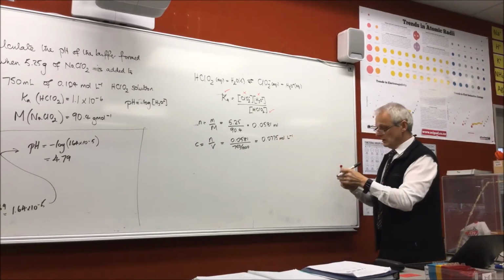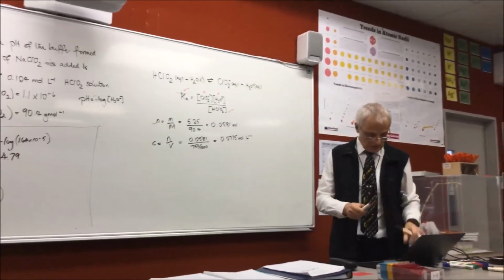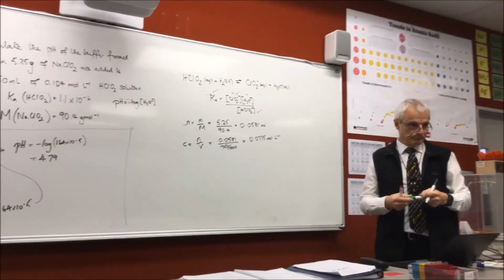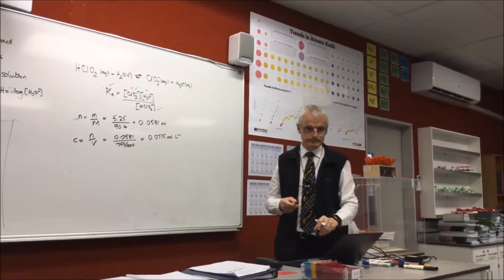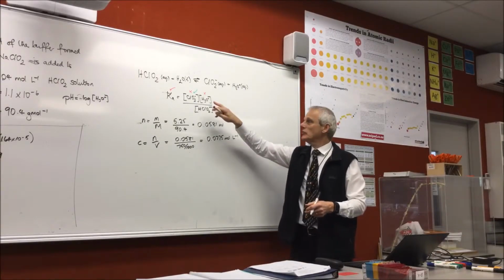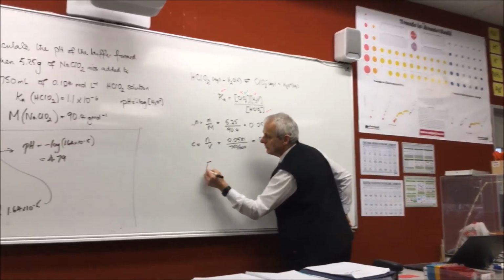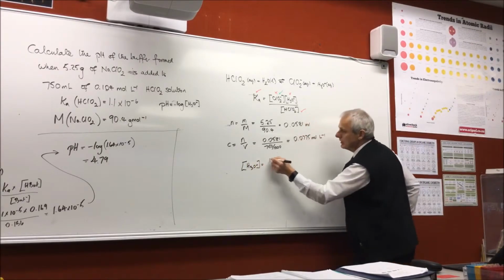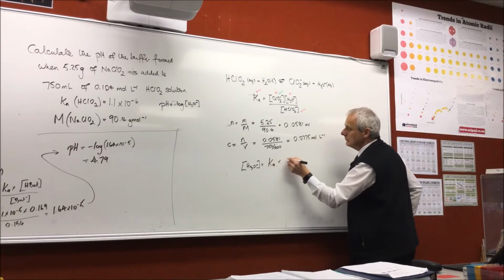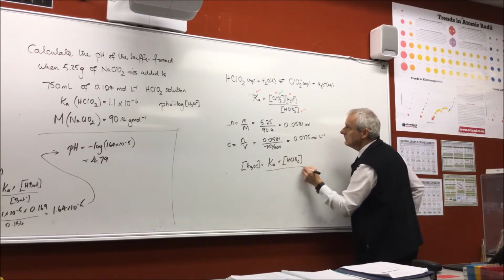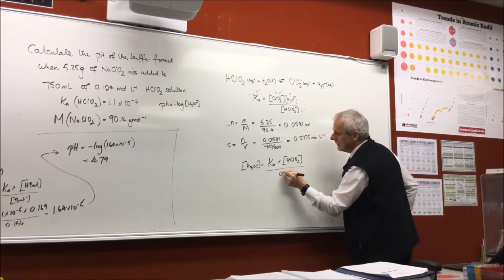So now we have that. We now have everything we need to work out the concentration of H3O plus. Rearranging the above expression, it is equal to Ka times the concentration of HClO2 divided by ClO2 minus.